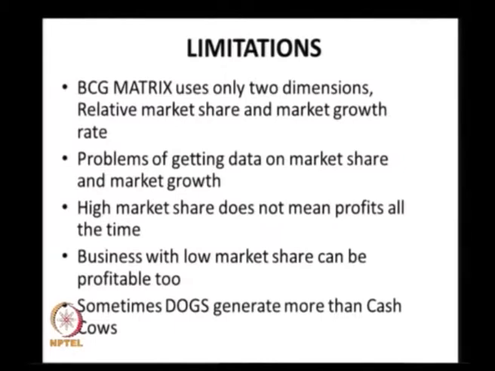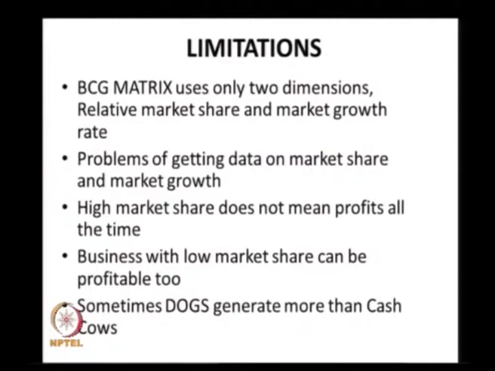Of course, there are limitations to it, because this is based only on 2 data points, that is the relative market share and market growth data. At times even getting that data becomes very difficult. Also, high market share does not mean profits all the time. There are times where businesses could have the highest market share, but from a profitability perspective, it is not that good.